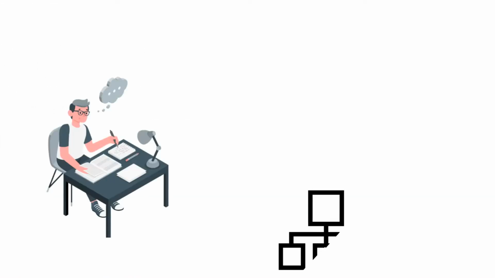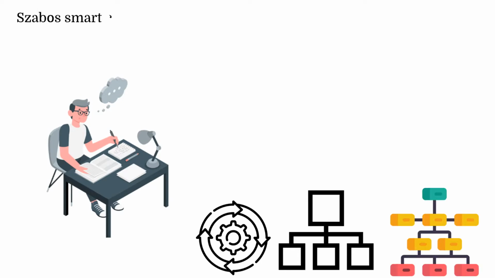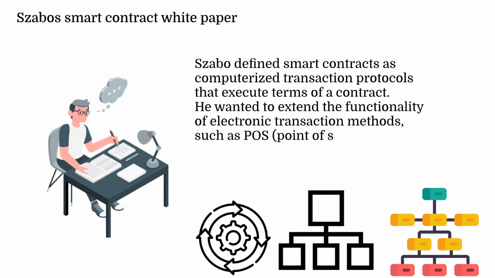Szabo also defined a smart contract as an automated transaction protocol that executes the terms of a contract. He wanted to extend the functionality of electronic transaction methods, such as point of sale, POS, to the digital world. In his paper, Szabo also proposed the execution of a contract for synthetic assets, such as derivatives and bonds.